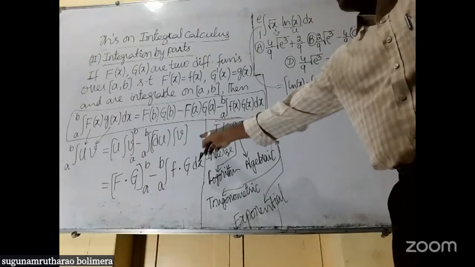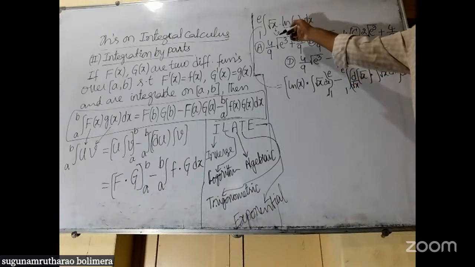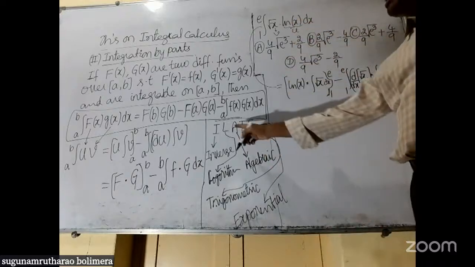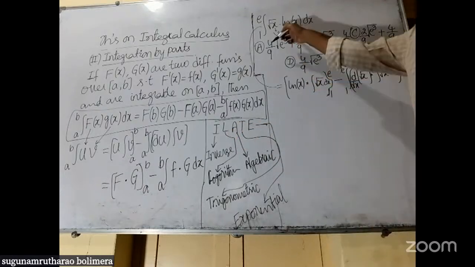So this is the formula I have written here, and I have chosen u as ln x because it comes before the algebraic, and root x is algebraic.